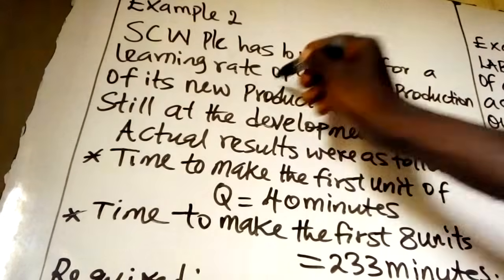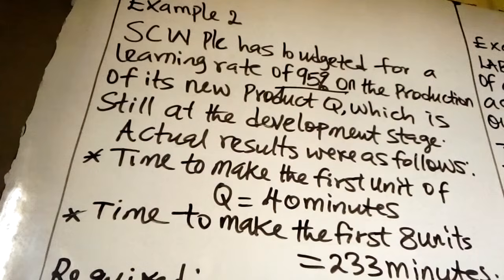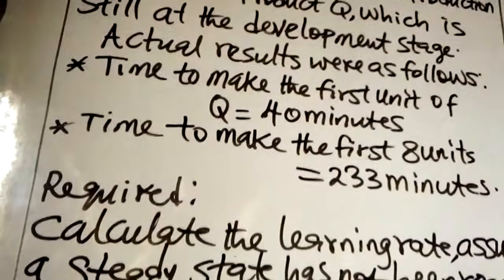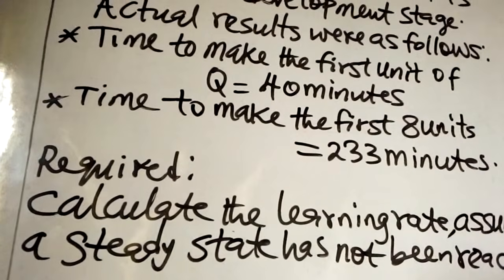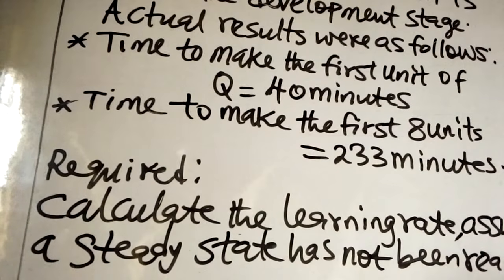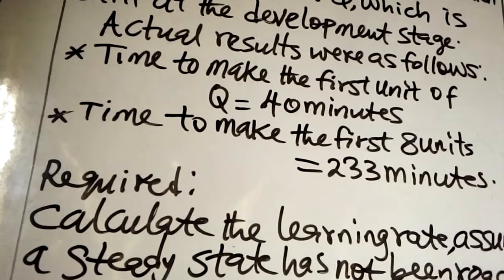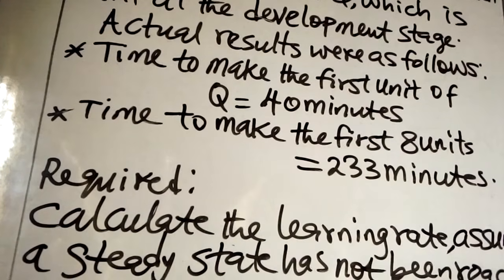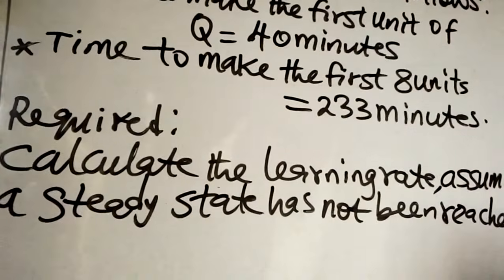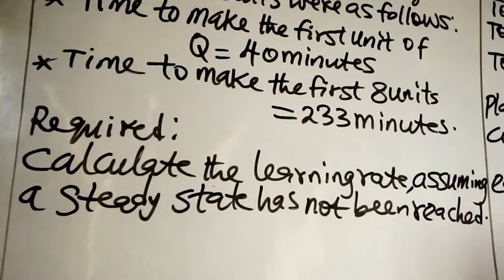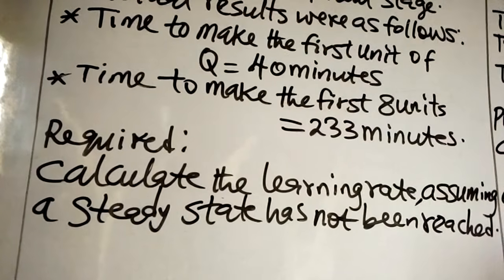Actual results were as follows. The time to make the first unit of Q is 40 minutes. The time to make the first 8 units is 233 minutes. Calculate the learning rate, assuming a steady state has not been reached.